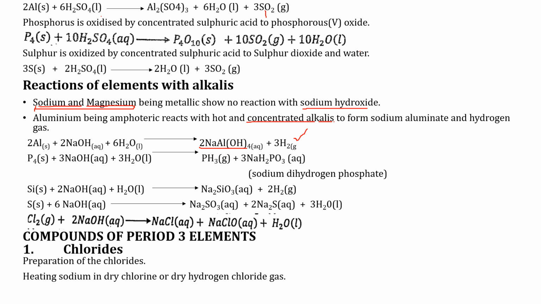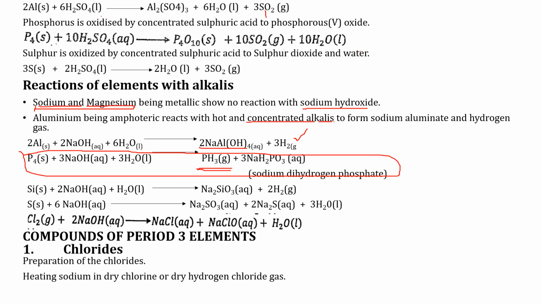Phosphorus. Now here, this reaction for phosphorus, you should note it down. This is a very common reaction that we ask for and that many students fail. So phosphorus reacts with sodium hydroxide in presence of water to form what? We always form phosphine gas. This is called phosphine gas. And the other product is called sodium dihydrogen phosphate.